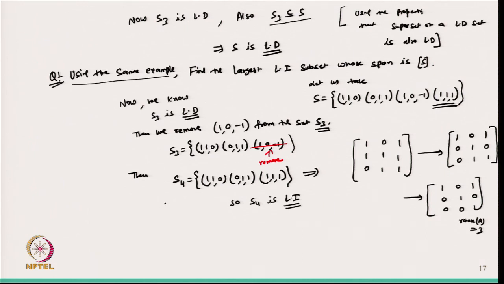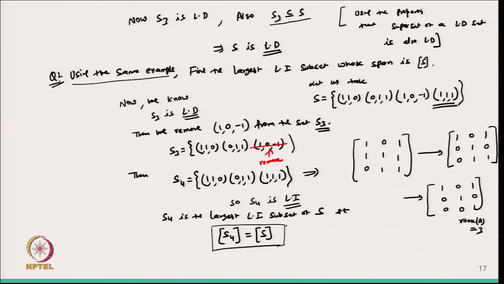So, we can say that S4 is the largest linearly independent subset of S, such that the span of S4 is equal to the span of S, because the element which was making the set linearly dependent we have removed, as that vector is not going to contribute to the span, and the remaining elements will also span the same space as spanned by the set S. In S, we do not care whether it is LI or LD, it is spanning some space.